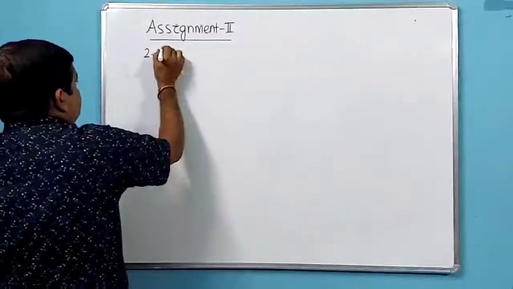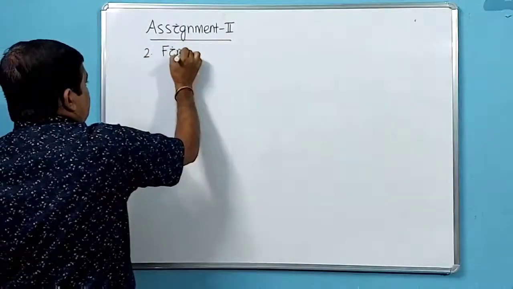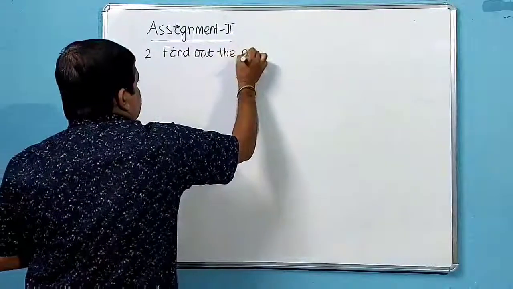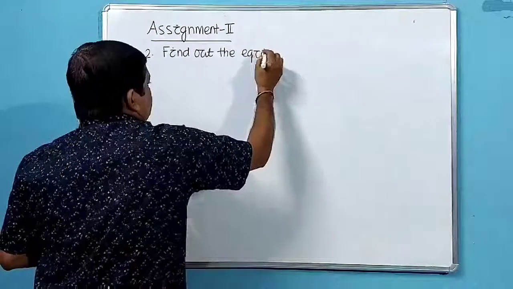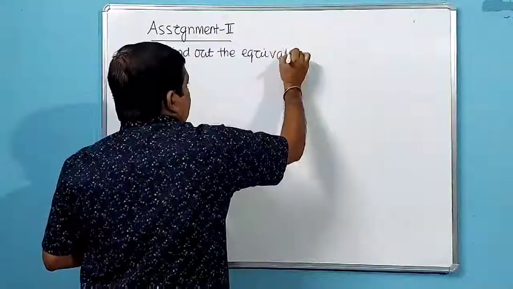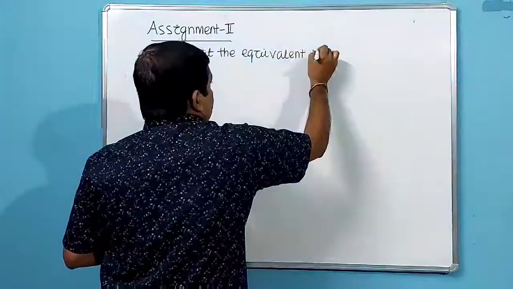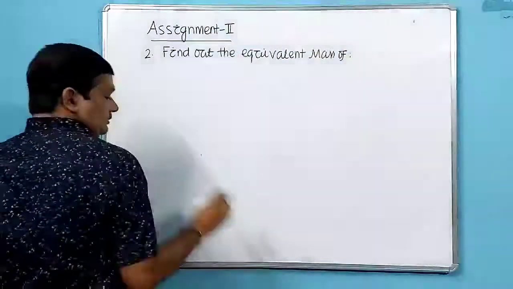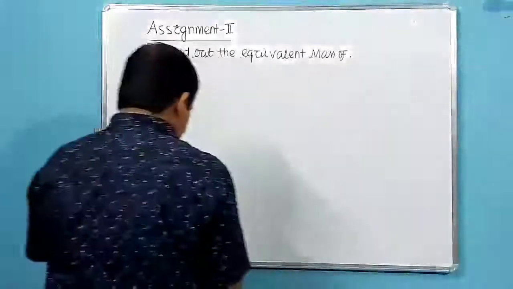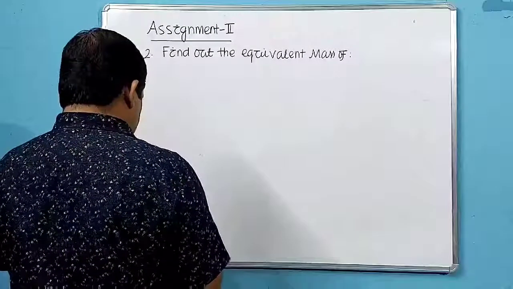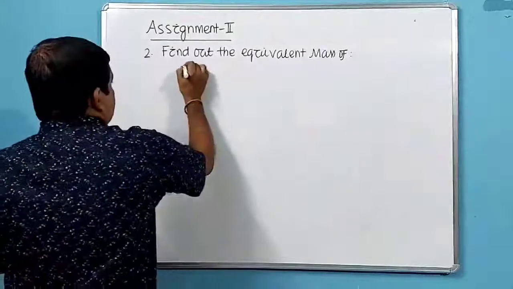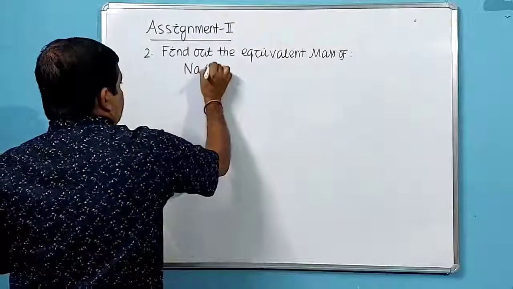Question number 2: find out the equivalent mass of sodium hydroxide, calcium hydroxide and aluminum hydroxide.